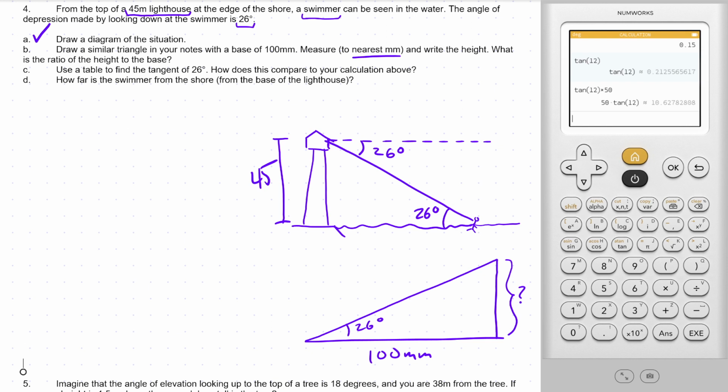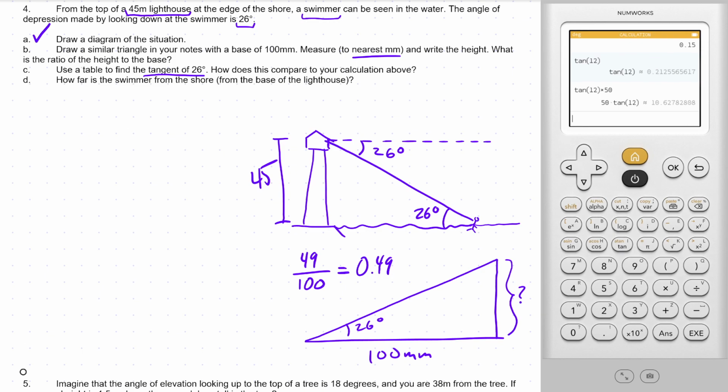Now it says, part C, use a table to find the tangent of 26 degrees. Since you measured the rise, if you got 49 millimeters, which would be the closest if you did a good job of the drawing, 49 is the rise and 100 is the run, you would expect the tangent to be about 0.49.